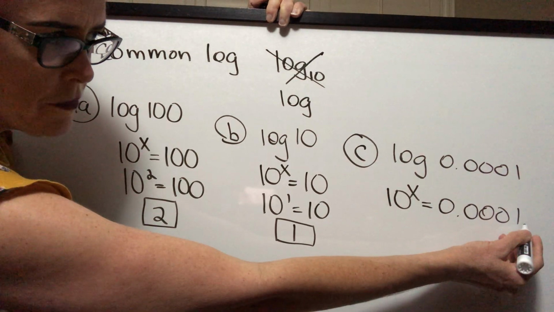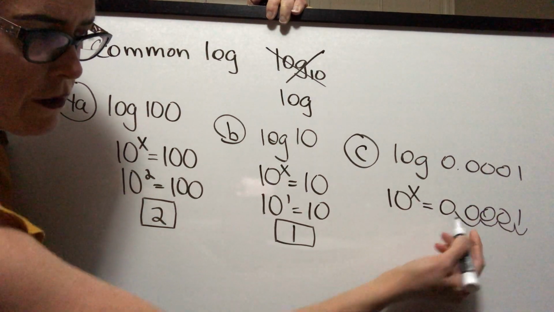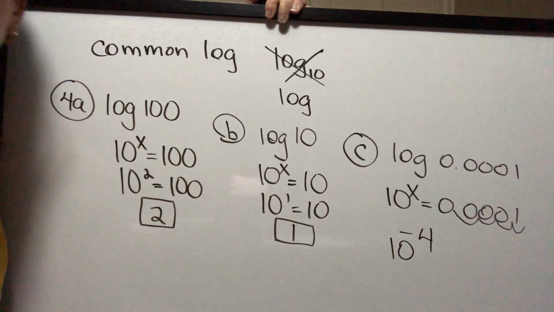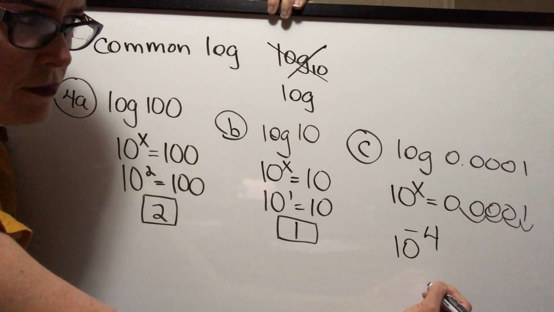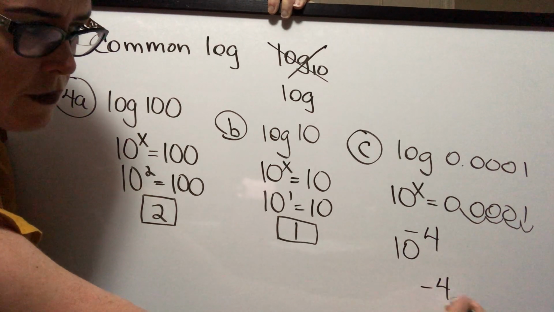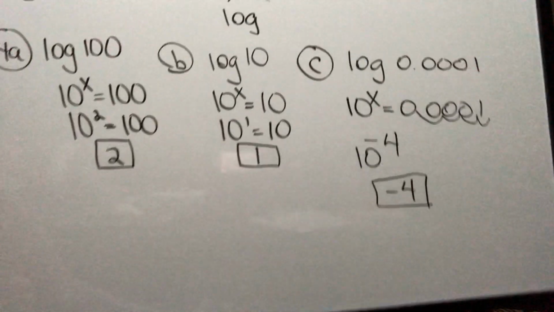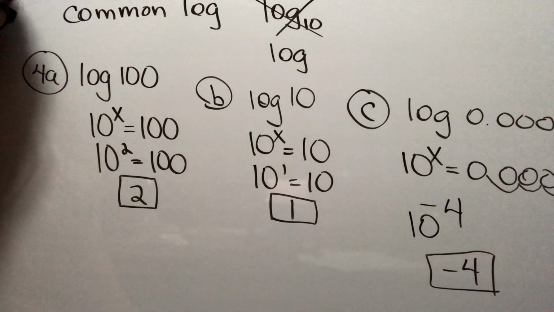Think of the decimal being here. If I go 1, 2, 3, 4, that would mean it's 10 to the negative 4 power. So your answer for the problem is just negative 4. All you're doing is counting how many times you would need to move the decimal, and it's negative 4.